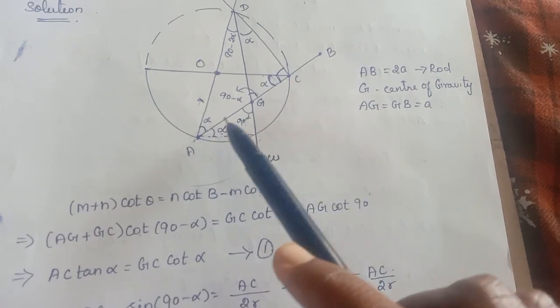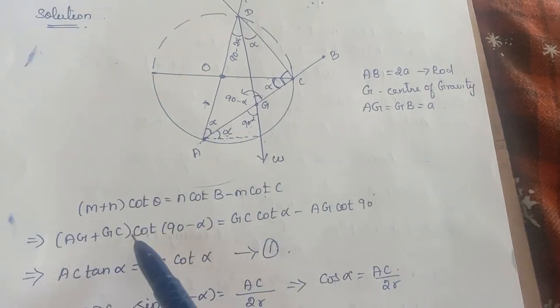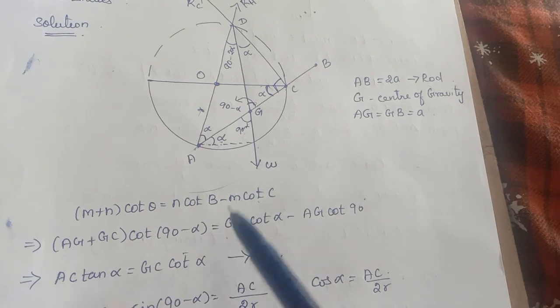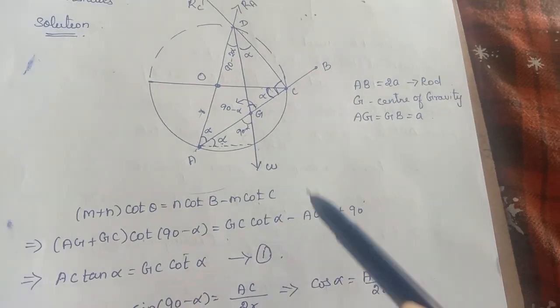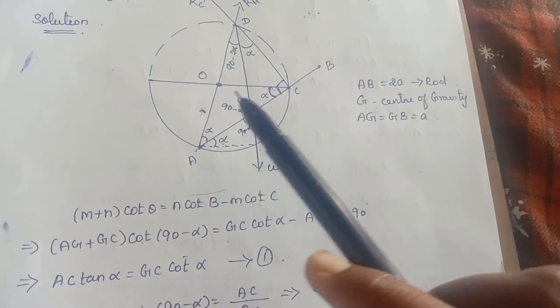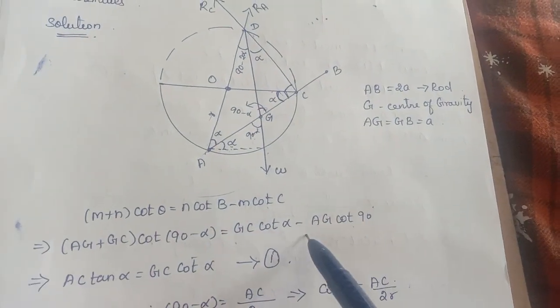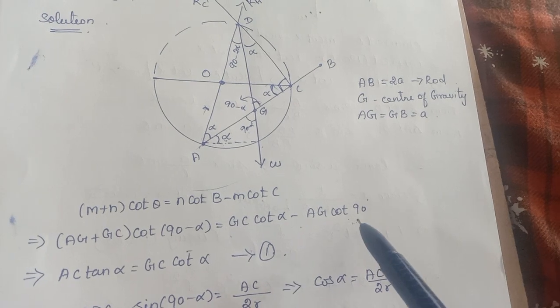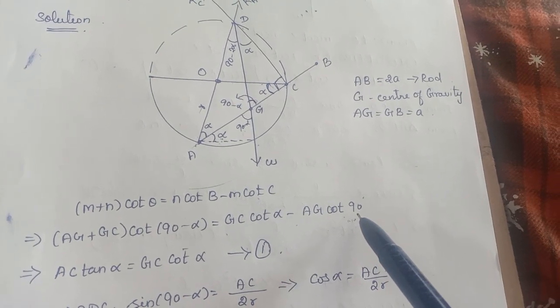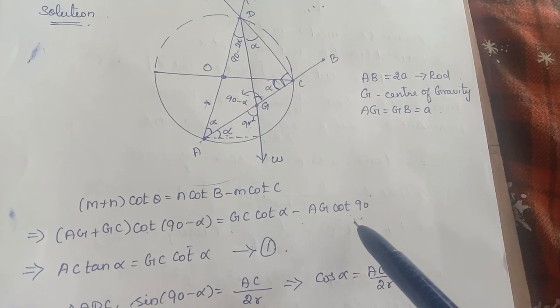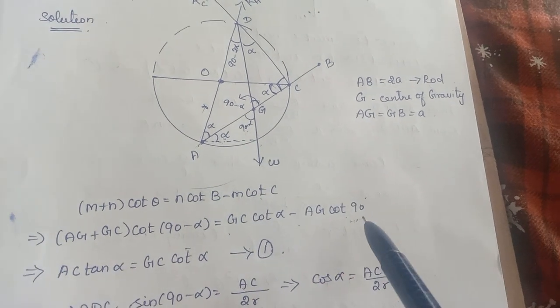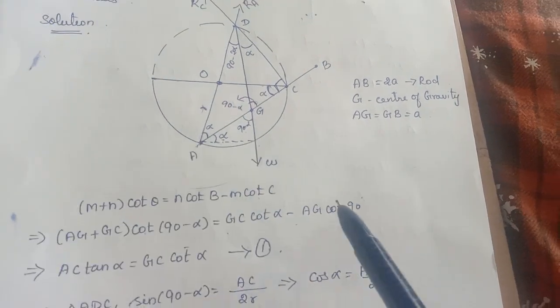(AG plus GC) cot of 90 minus alpha equals GC cot alpha minus AG cot 90. Though you know all the angles, I am applying the second result because here I have cot 90, no? Cot 90 is 0, so in order to get the result easily, I am applying it. So whenever you have 90 degrees, you apply the second result, right?